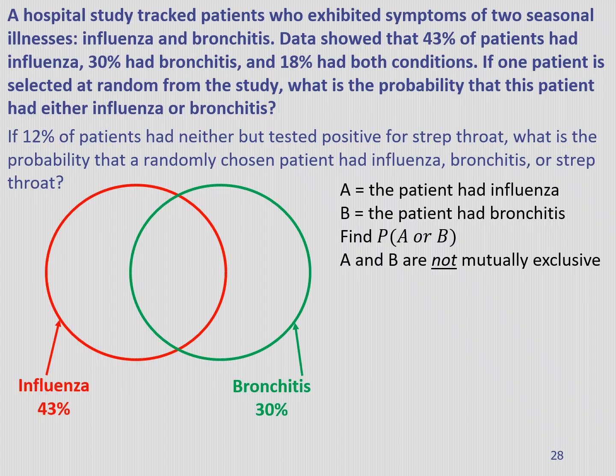So if we look at it visually, sometimes it could be presented as a Venn diagram, right? Circle A represents all of the patients who had influenza, and circle B represents all of the patients that had bronchitis.